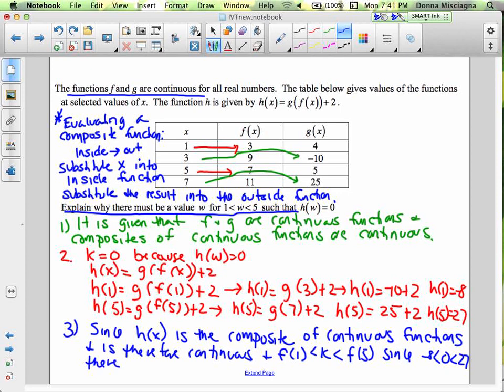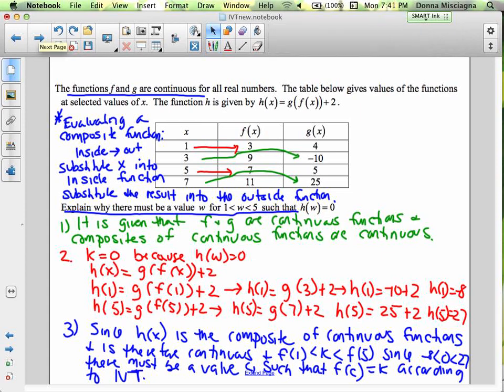And we're asked to find, there must be a value c such that f of c equals k according to the intermediate value theorem. By the way, if the answer was already in your notes, I don't always say things exactly the same way, but I have the exact same meaning.